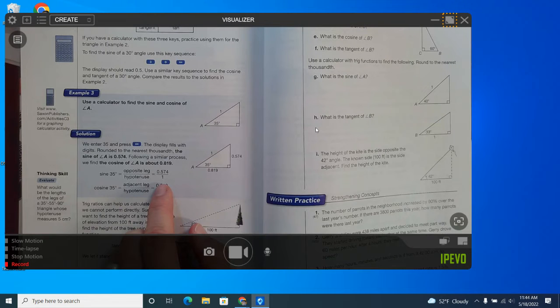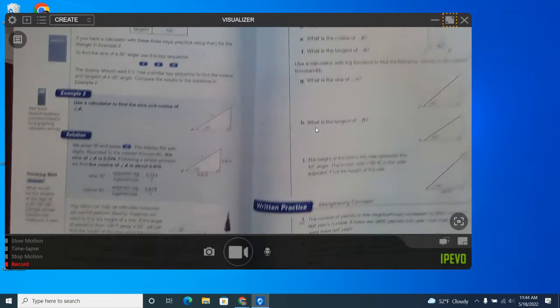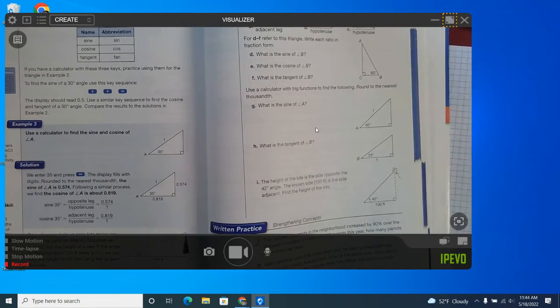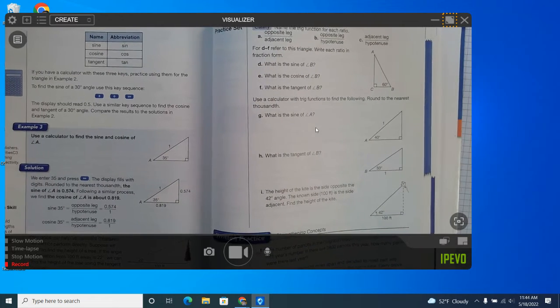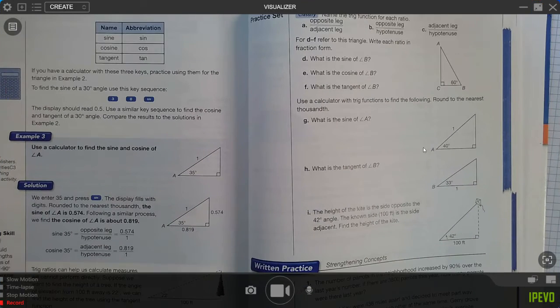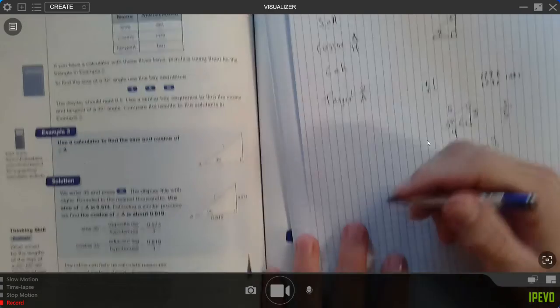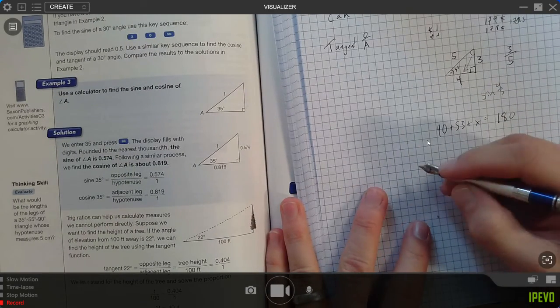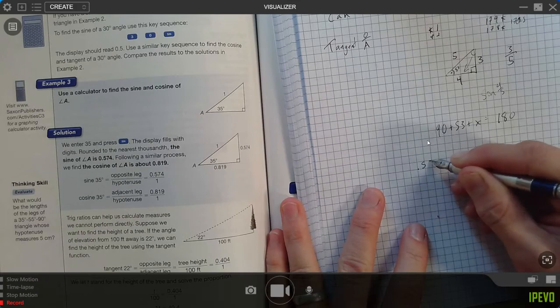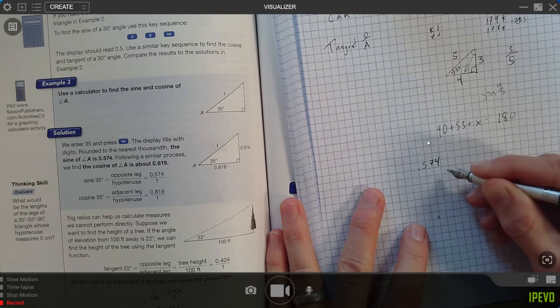What they're doing here is they've given you that the ratio is 0.574.